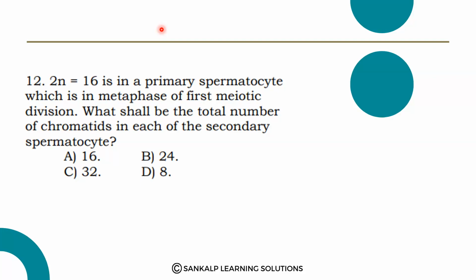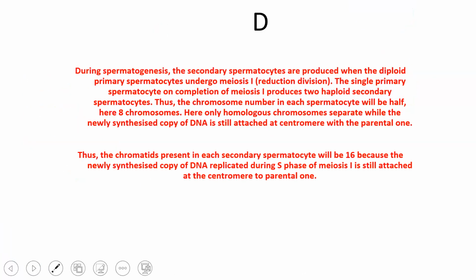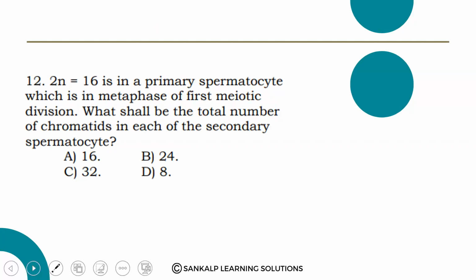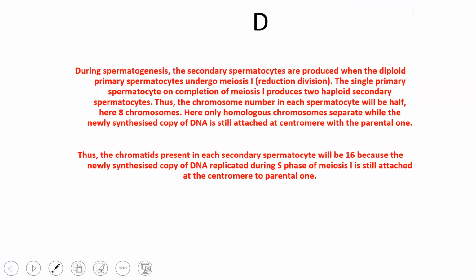Fine. So here the right answer is option D, that is 8. Let us see. During spermatogenesis, secondary spermatocytes are produced when the diploid primary spermatocytes undergo meiosis 1, that is reduction division. The single primary spermatocyte on completion of meiosis 1 produces two haploid secondary spermatocytes.